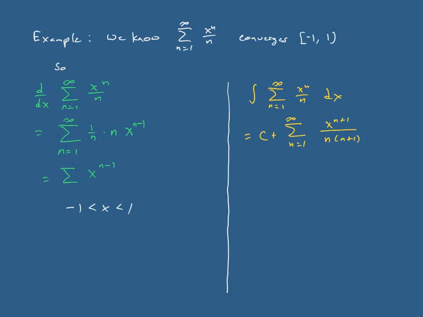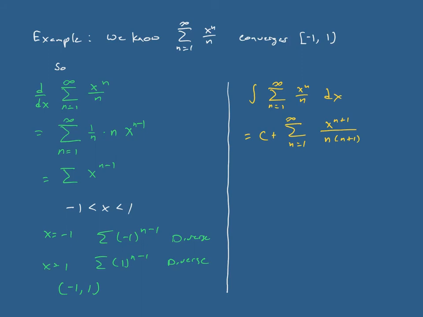But notice what happens here. If x equals -1, I have the series -1 to the n minus 1. That's going to diverge. And if x equals positive 1, I'll get the series 1 to the n minus 1, and that is also going to diverge. So in this case, my interval of convergence on the derivative is going to be the open interval from -1 to 1. It's going to diverge at each endpoint, okay?